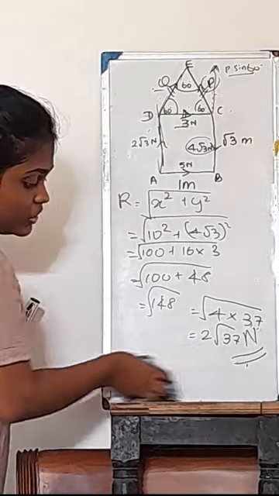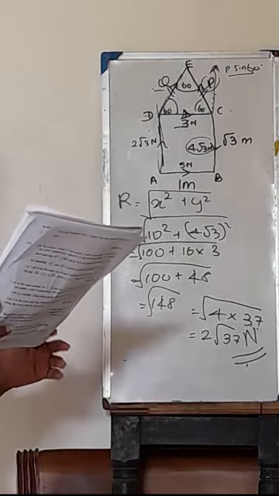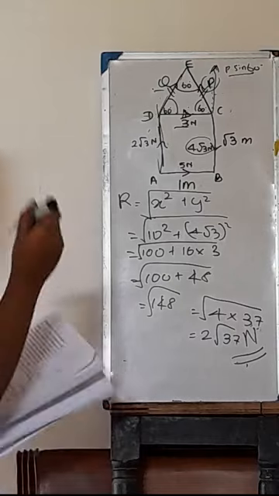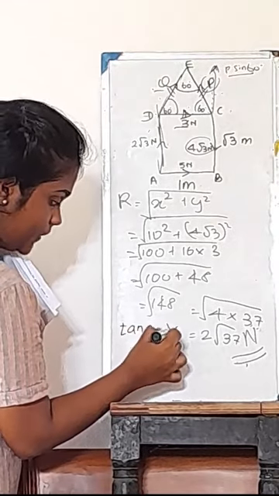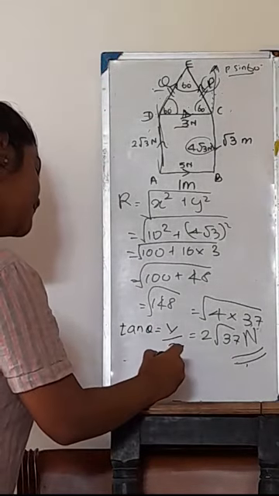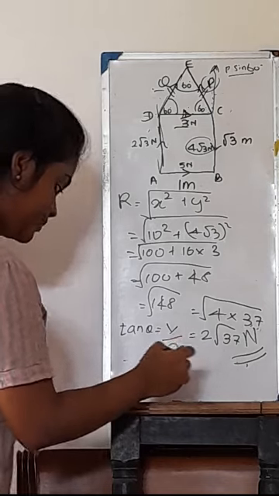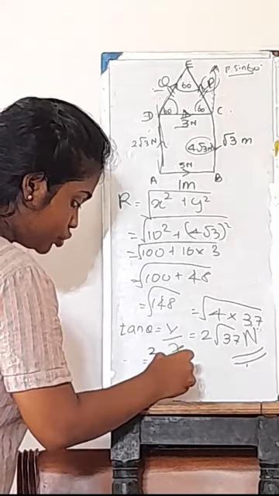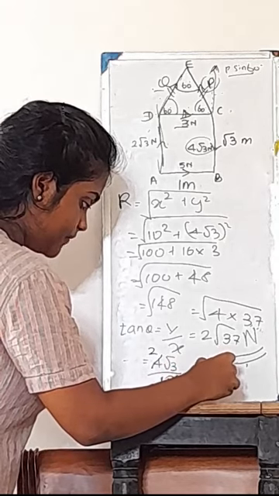Even though they have not asked to find the value for theta, let's just find it. Tan theta is equal to y over x. So y is 4 root 3 over x is 10. 2 times 2, 2 times 5. 2 root 3 over 5.